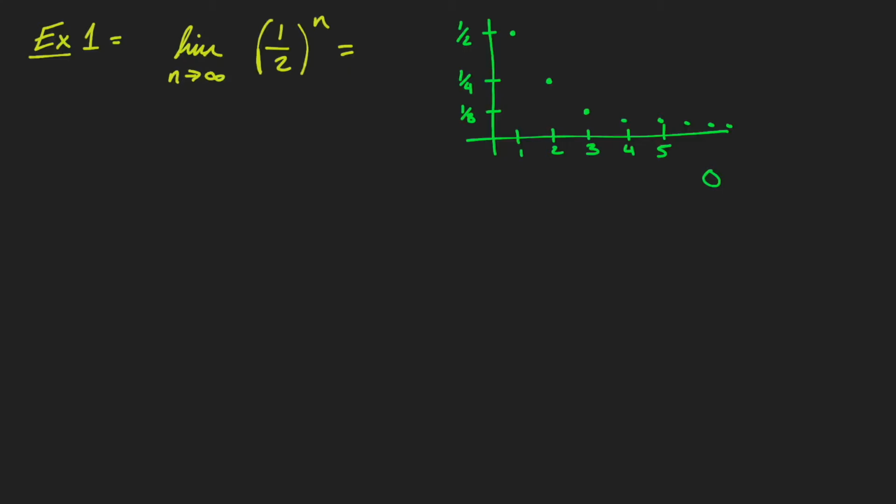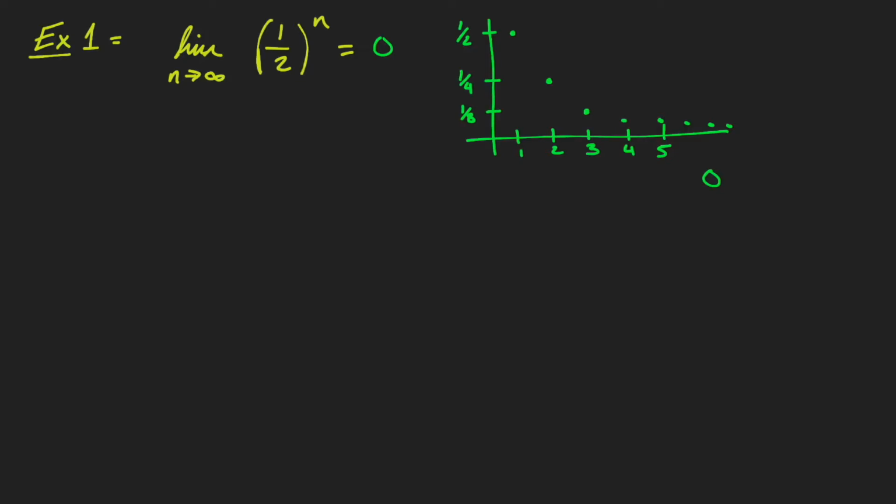So for this one, as n approaches infinity, sorry, I keep saying x, for 1/2 raised to the n, we get a value of 0. Now this case actually happens pretty often.